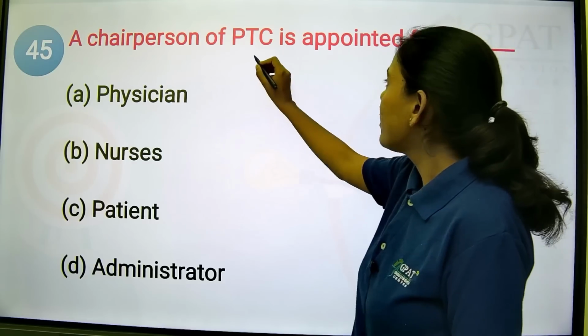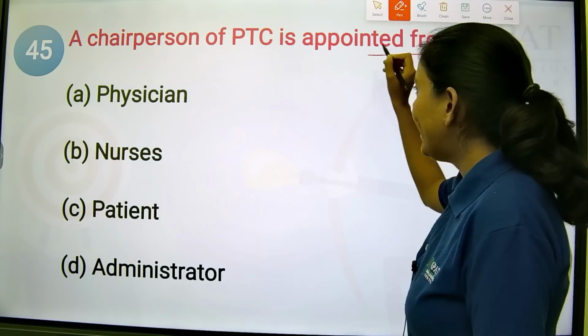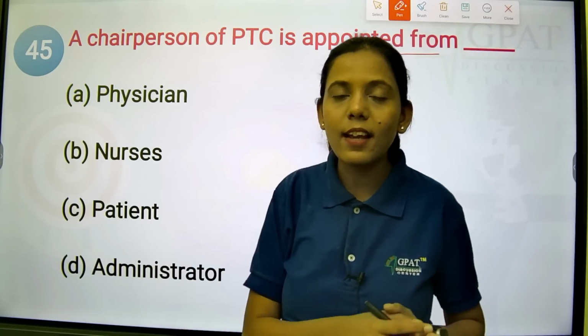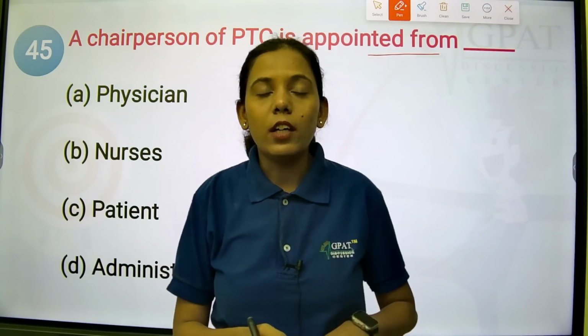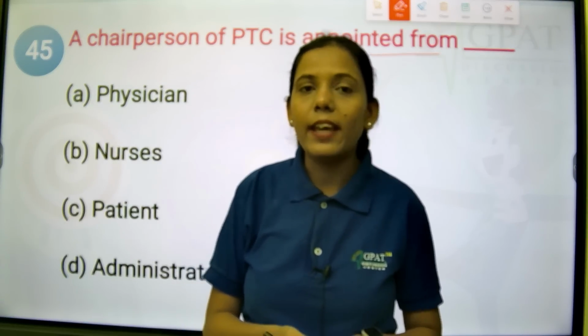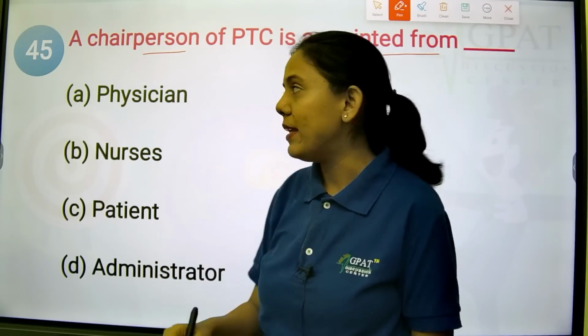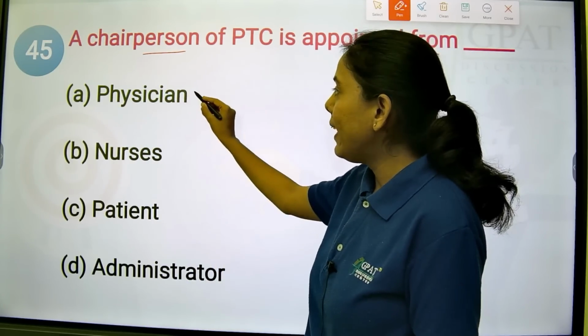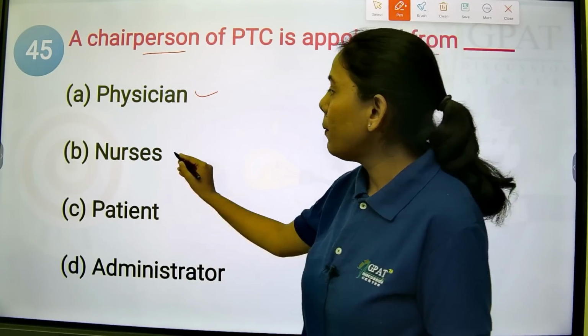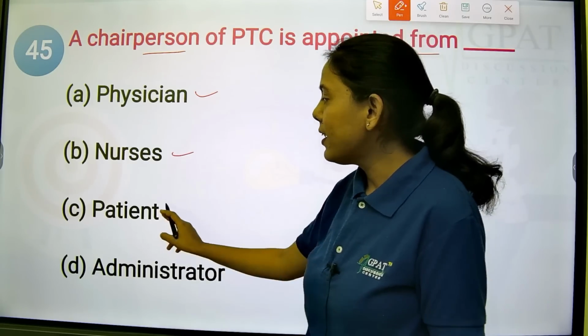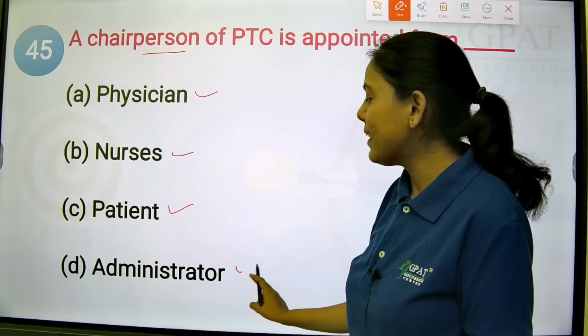A chairperson of PTC is appointed from. PTC is a committee where there will be a nurse and a pharmacist. So who will be the chairperson for the PTC? Option A is physician. Option B is nurses. Option C is patient. Option D is administrator.